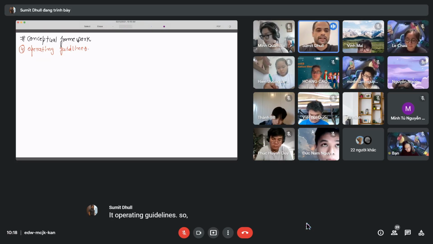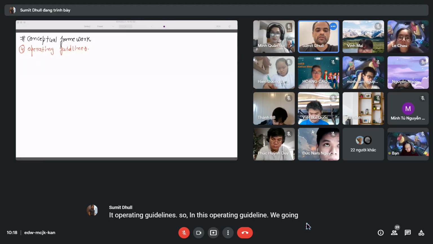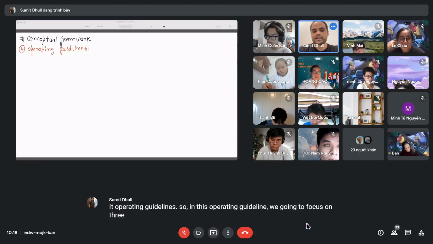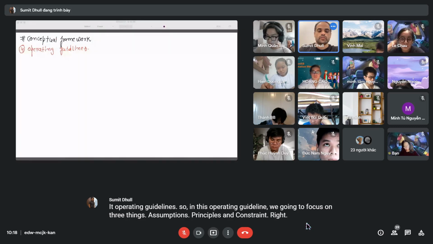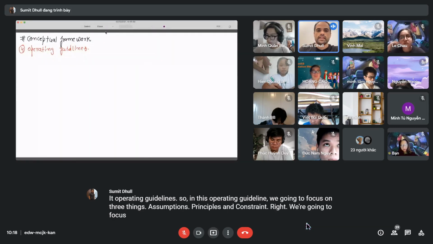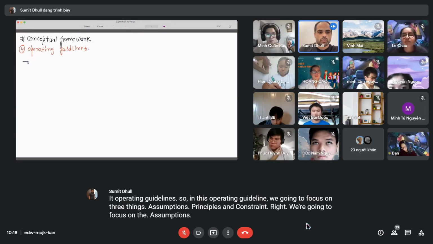In this operating guideline, we're going to focus on 3 things: assumptions, principles, and constraints. We start with the assumptions.